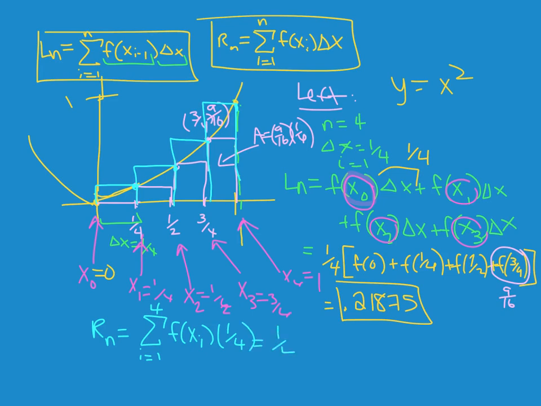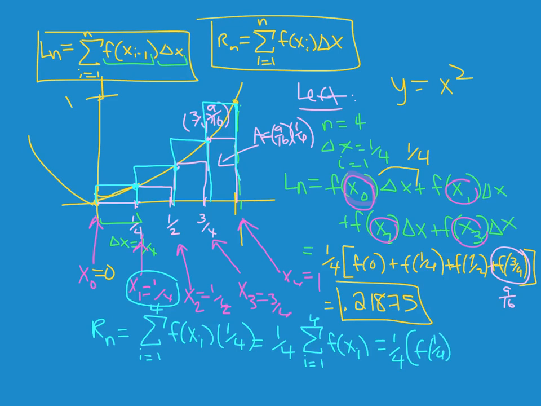So you can write this as 1/4 times this whole entire summation here. And when you do that, you're going to get 1/4 times f of, so the starting point on this one is going to be x sub 1, which is going to be f of 1/4.